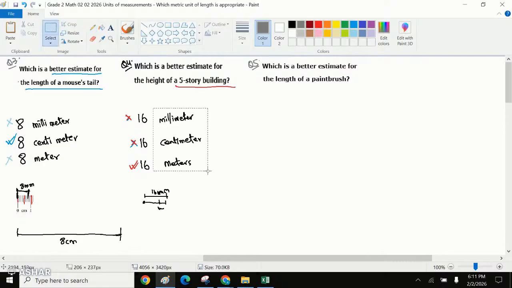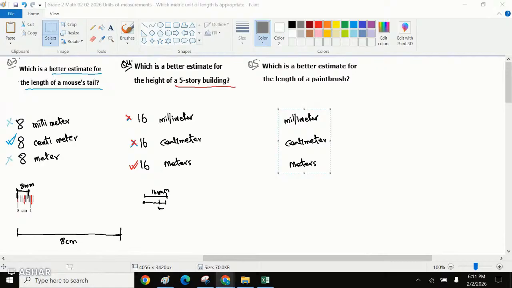So if the given options were, let me just copy the given options, 23 millimeter, 23 centimeter, or 23 meters.